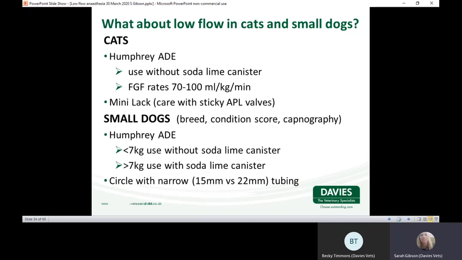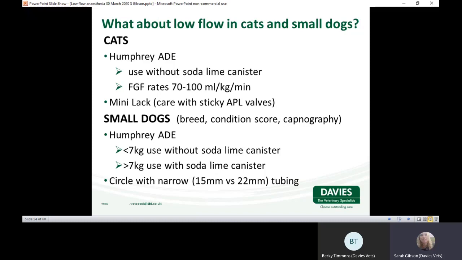In small dogs, we need to consider the breed and the condition score of the patients. So if they're overweight and 10 kilograms, this might be very different to a very lean dog that's 8 kilograms, for example. And also capnography can help guide which breathing system to use if you have it, because it will show if the animal is hyperventilating or not.